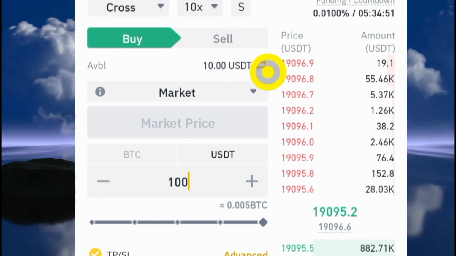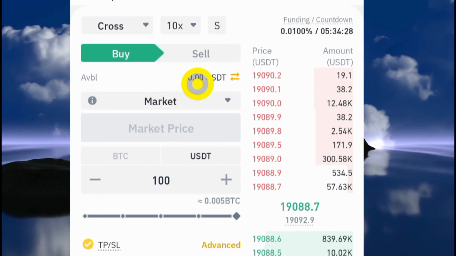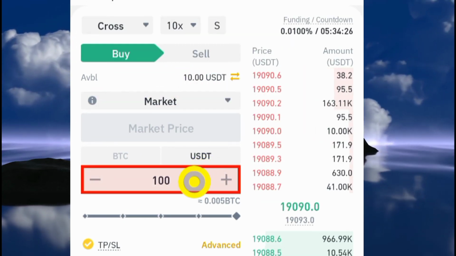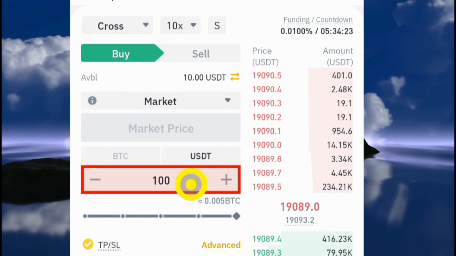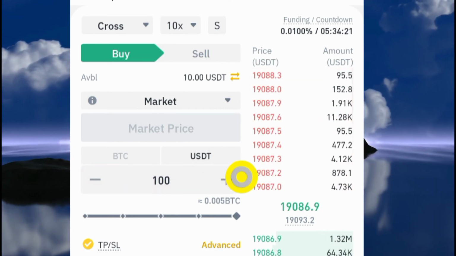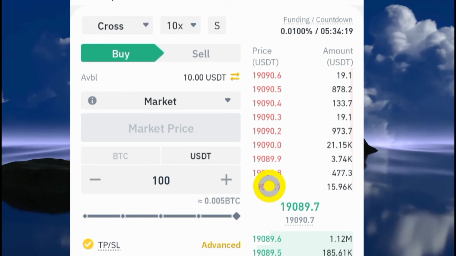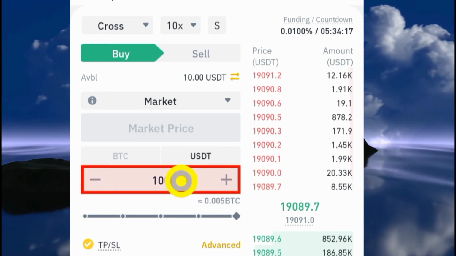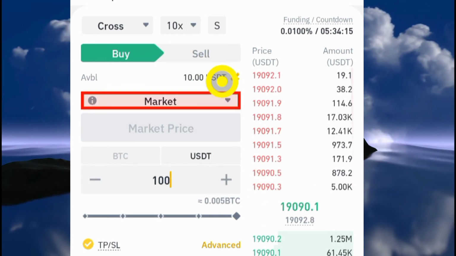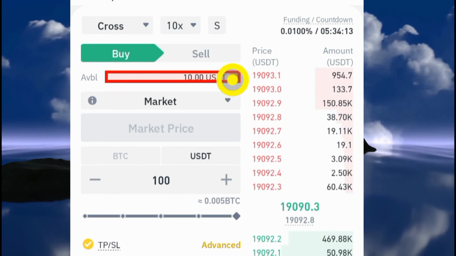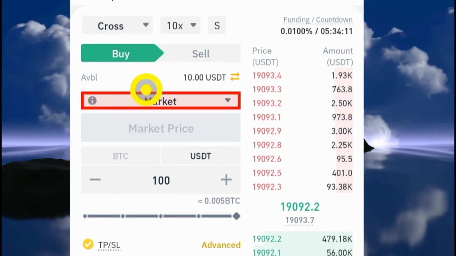That's what liquidation means. If I'm going in with $100, I don't even need to lose 20%, because if I lose just 10%, that is $10, and $10 would wipe out my initial balance, because $10 is exactly equal to my available balance. I would be wiped out.